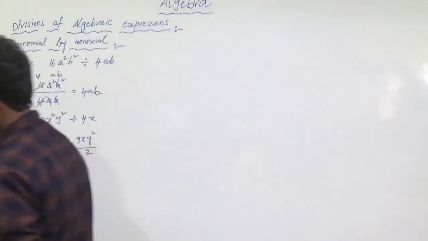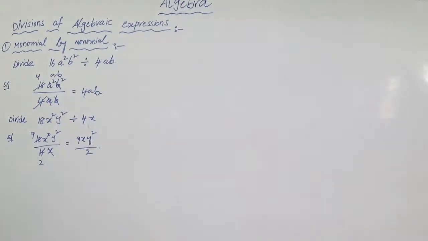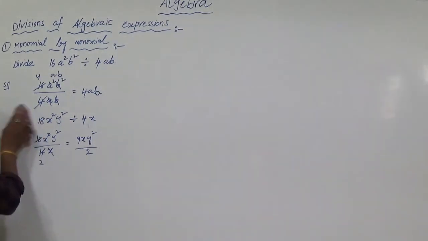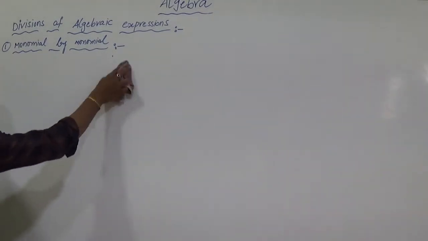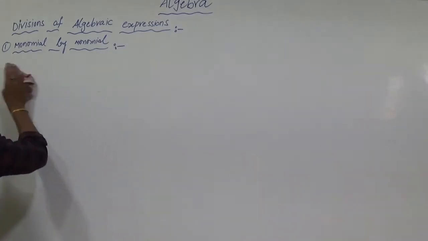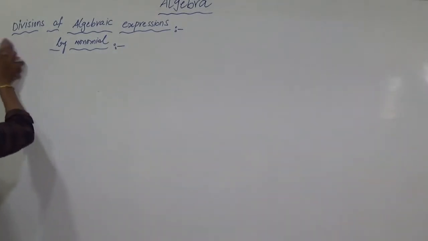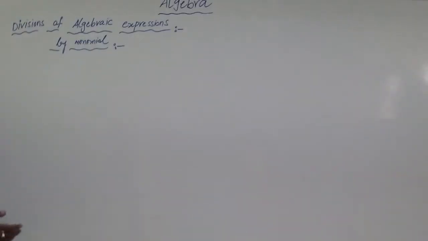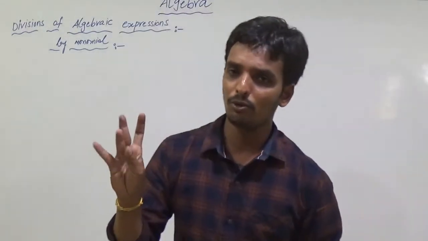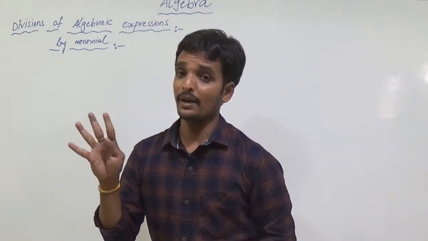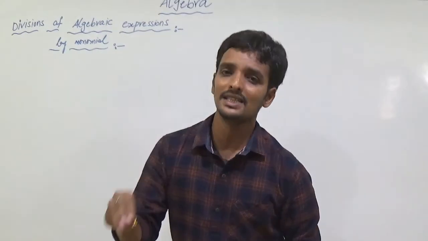Okay, note this. The second and last type, we did not keep the headings earlier, but we keep them now. Anything other than a monomial, that is, monomial by monomial, binomial by monomial, trinomial or multinomial by monomial, is easy.